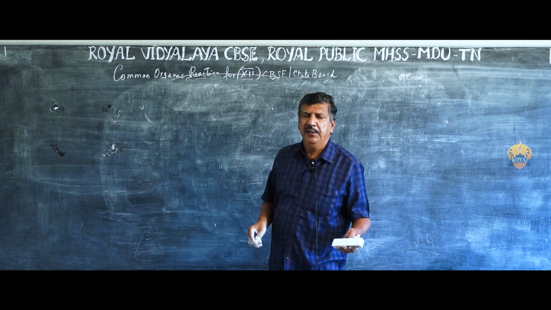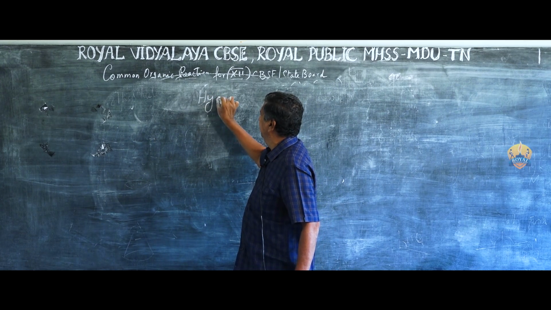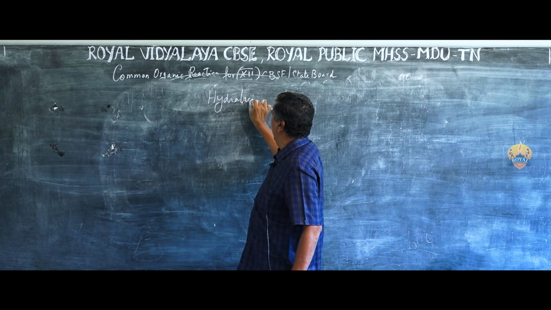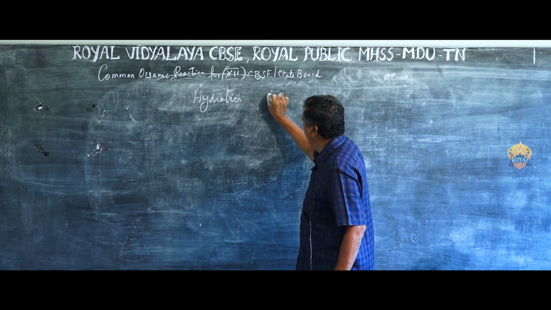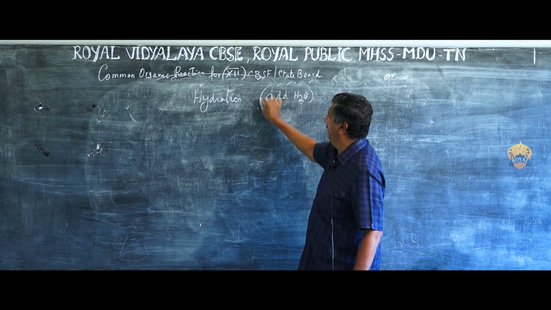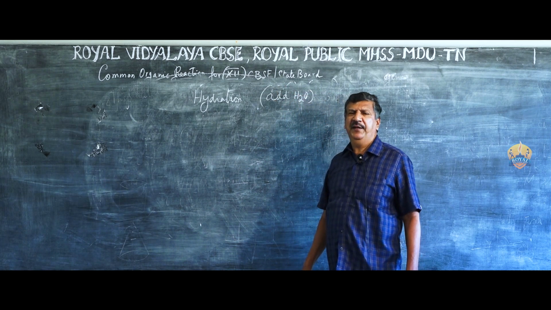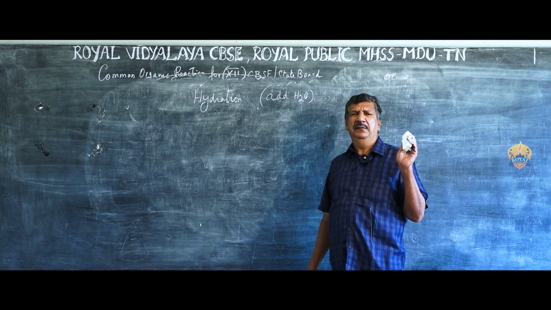Next one, we are going to see hydration. Hydration means what? Addition of water. That's all. When you say dehydration it means removal of water, hydration means addition of water.